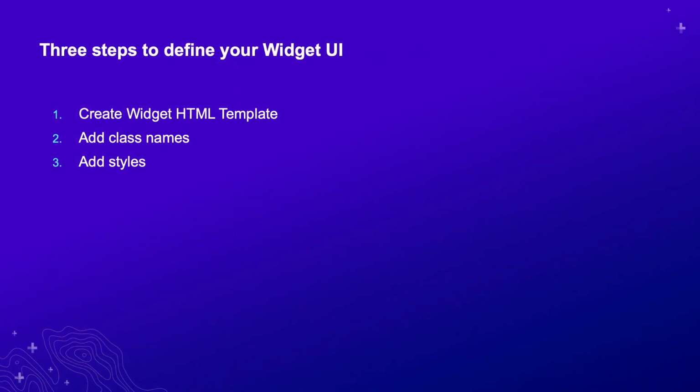Normally there are three steps involved in creating the UI for your widget. First, you need to add the HTML structure to the widget. The HTML structure defines basically its layout and static content.